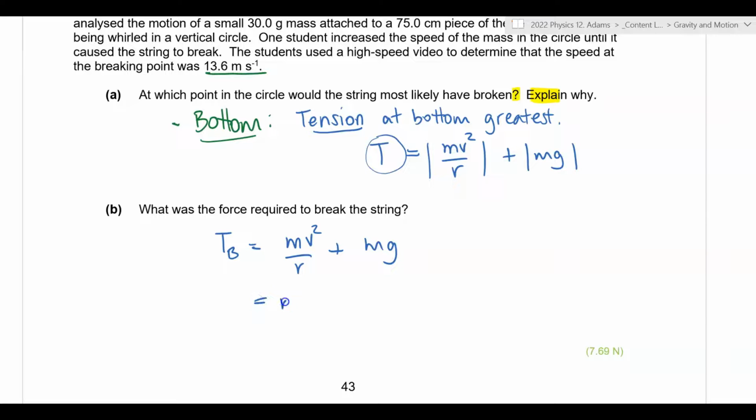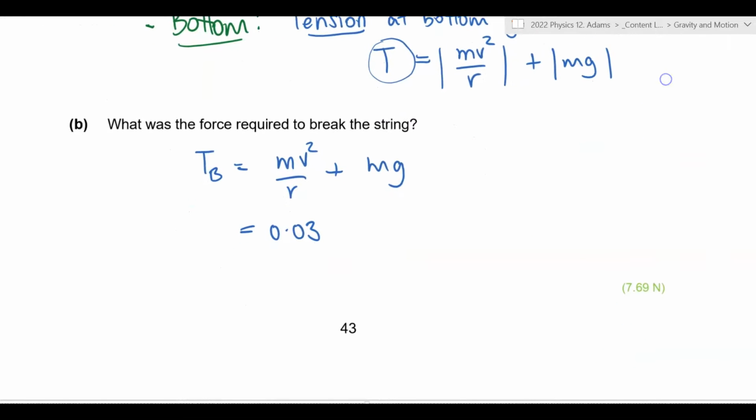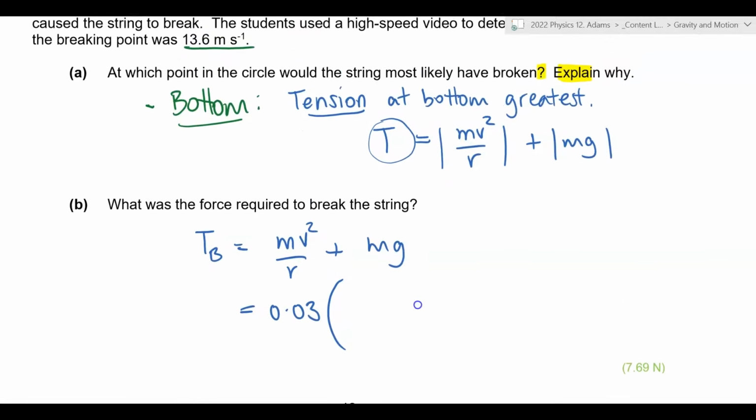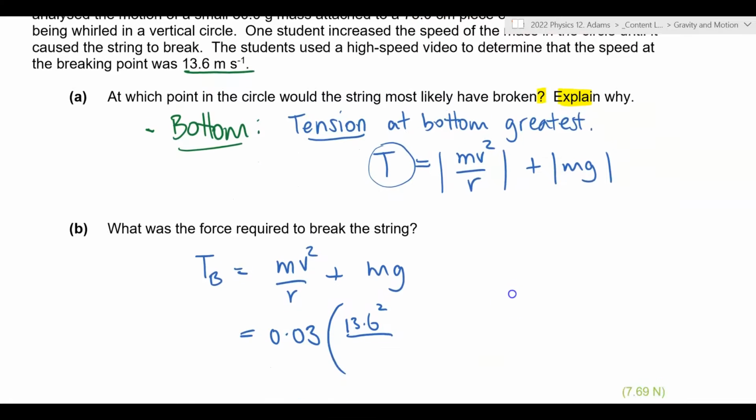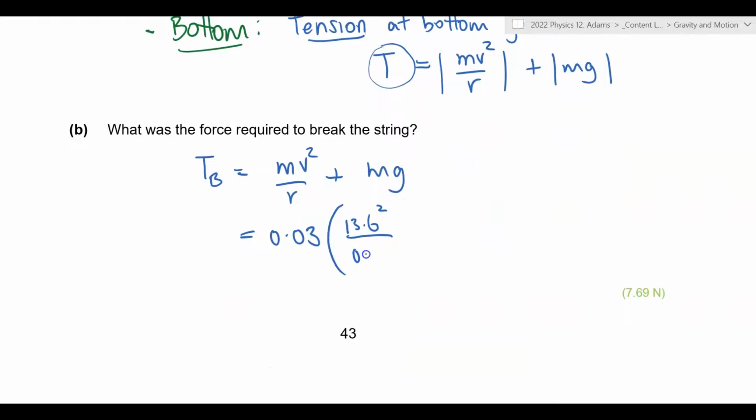Now, let's factorize for m. 30 grams, don't forget it's got to be SI units. So we'll have 0.03. And we'll factorize v squared. The velocity was 13.6 squared. The radius we noticed in the question was 75 centimeters, 0.75.